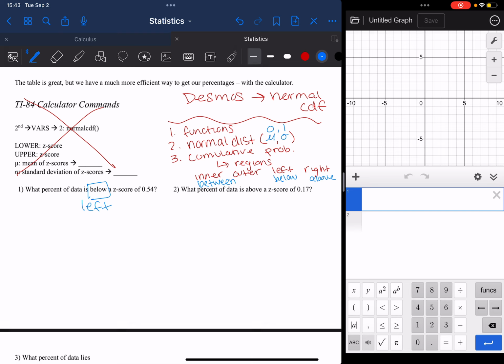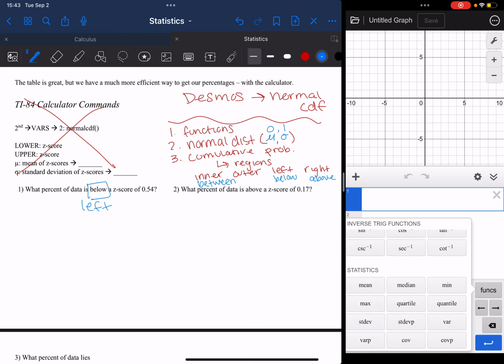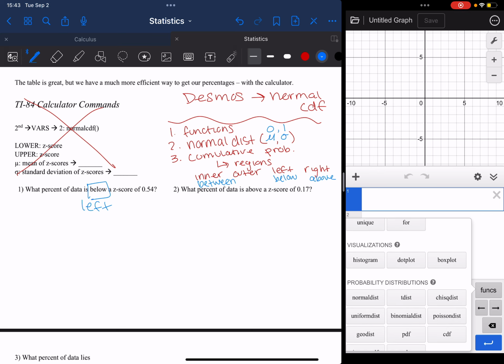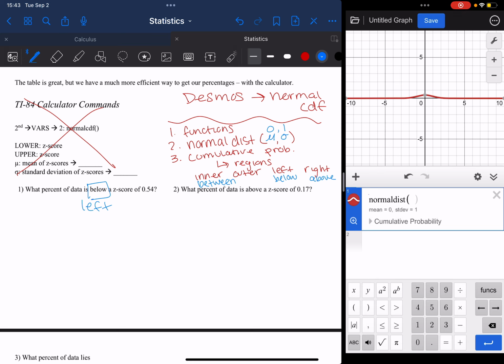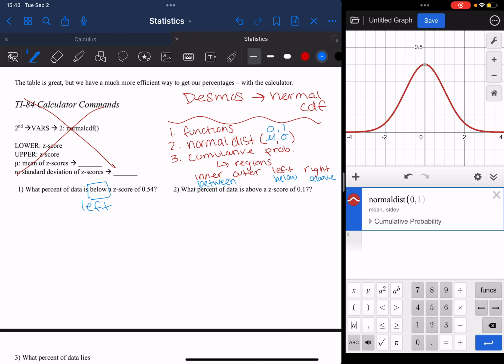So over here on Desmos, I'm going to go to Functions. I'm going to scroll down until I find Normal Distribution, so right here. So normal, DIST. And in here, I'm putting mu and sigma, or in this case, 0, 1. When I put those values and I click on this little magnifying glass that has a plus sign, it's going to re-put my graph so it's right in the center there.